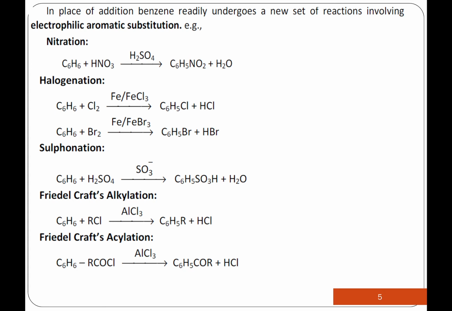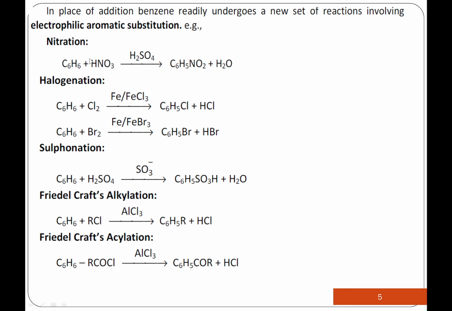So benzene with nitration gives you nitrobenzene, with chlorine gives you chlorobenzene, with bromine gives you bromobenzene, with sulfuric acid or fuming sulfuric acid it gives you benzene sulfonic acid, with alkyl halides gives you alkyl benzenes, and with acyl halides it gives you acyl benzenes.